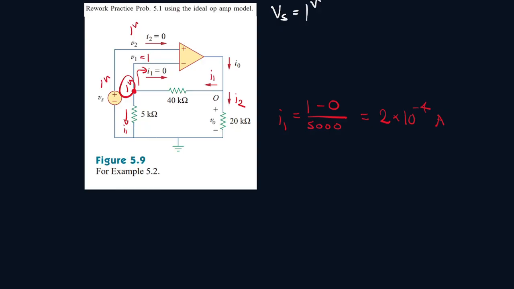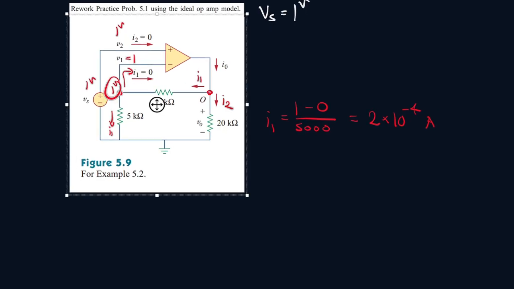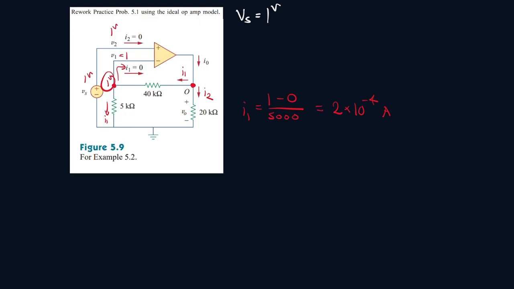Okay, and we can use that information to find the voltage at this region. So let's call this VO. Notice here there's VO here, and if we go down here, we have to decrease by VO volts to get 0. So VO minus VO will be 0. That means the voltage here should also be VO.